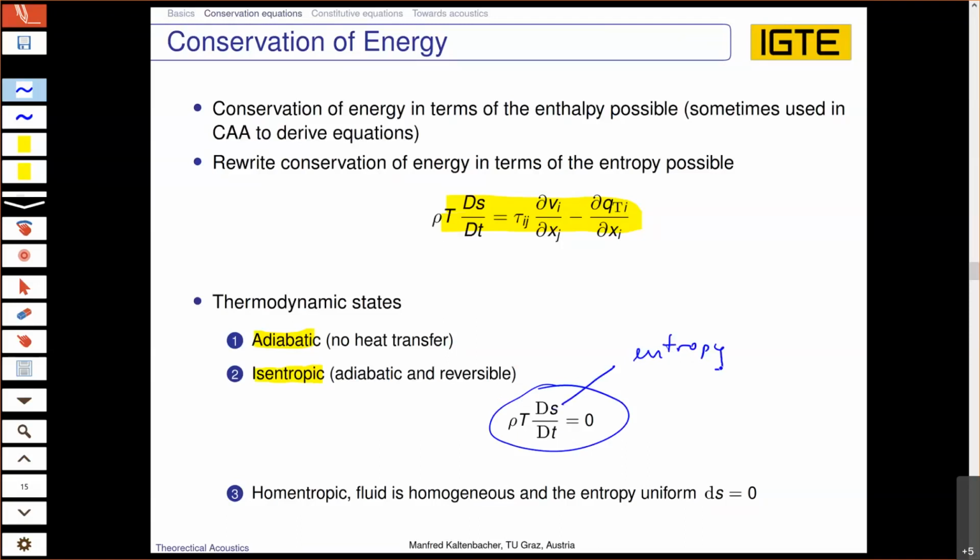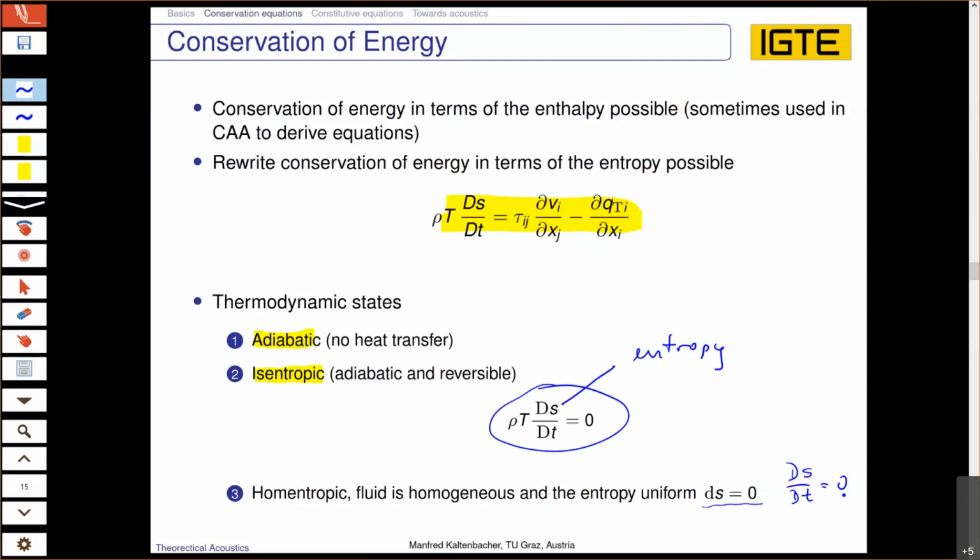And if it is homoentropic, then you have a homogeneous fluid, and then we have simply this relation, which we can also write in this notation with the substantial derivative operator D/Dt.